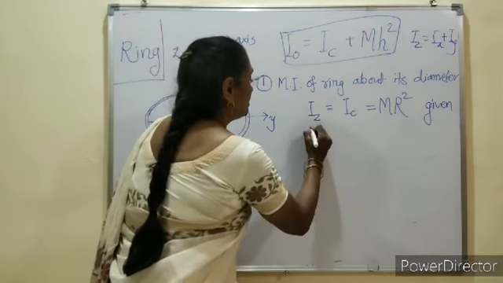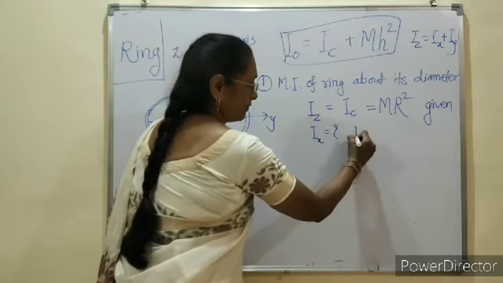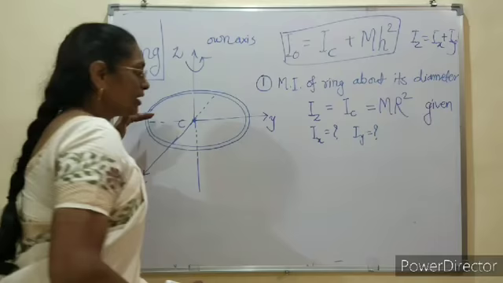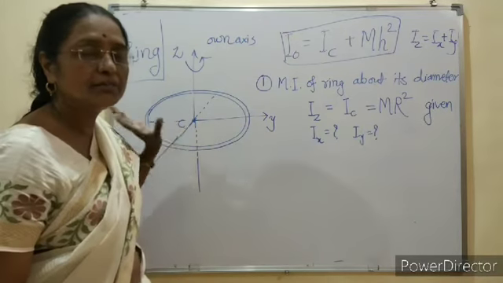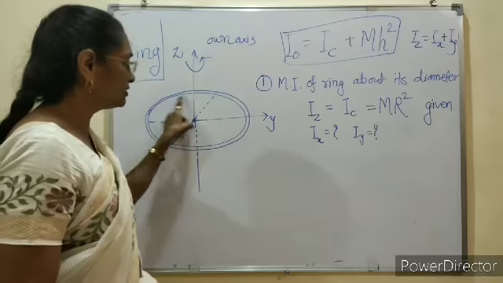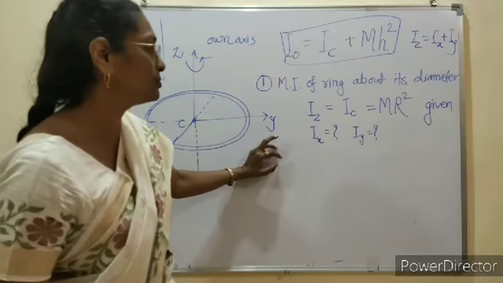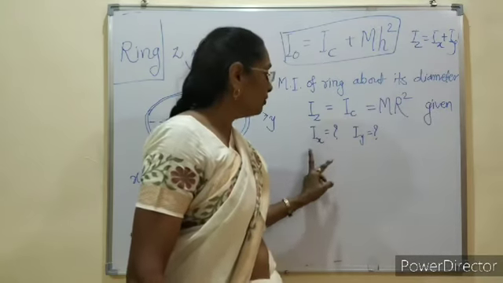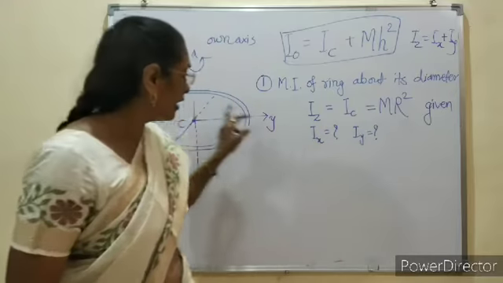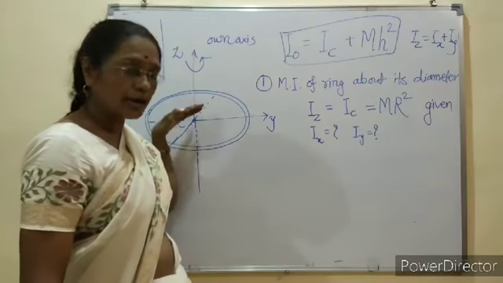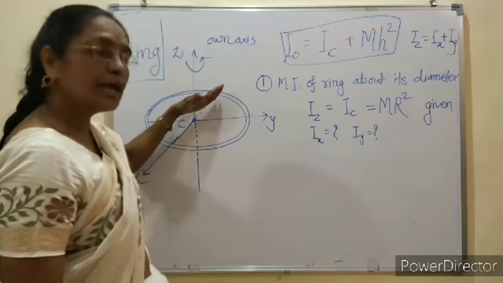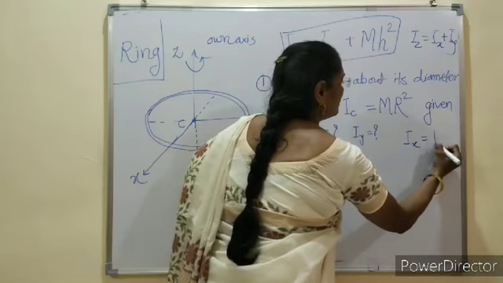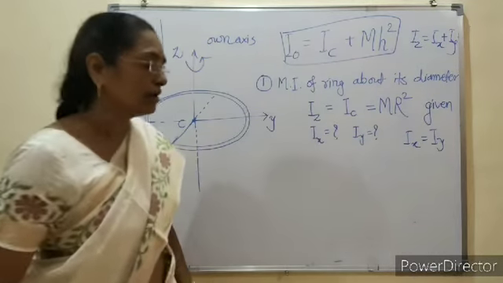We have to determine it about the x-axis or the y-axis, because x and y-axis here represent diameters. Actually a diameter can be represented in any way, but for the sake of simplicity and to apply the theorem of perpendicular axis, we have shown the diameters along y-axis and x-axis. From the symmetry, Ix can be equal to Iy.